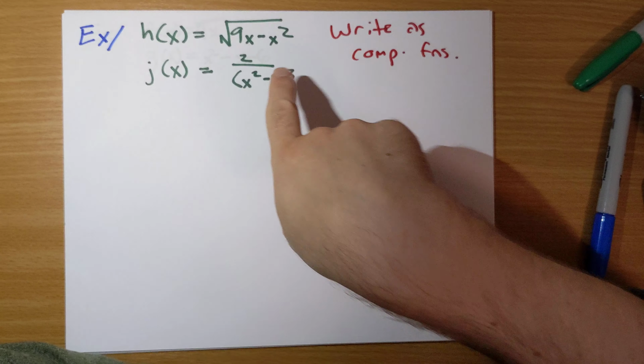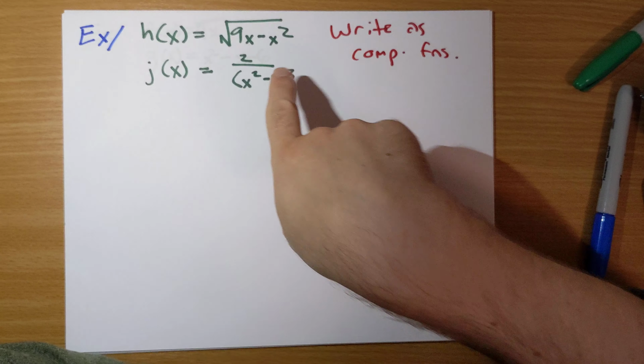We can plug in any numbers we want, but when we take the square root, we want the thing we're taking the square root of to be non-negative. We want 9x minus x squared to be greater than or equal to 0. This is our domain calculation.